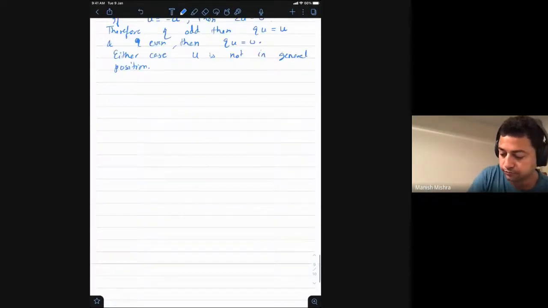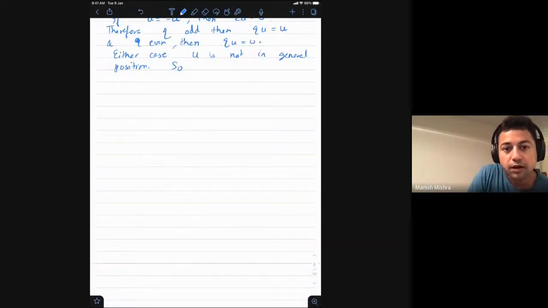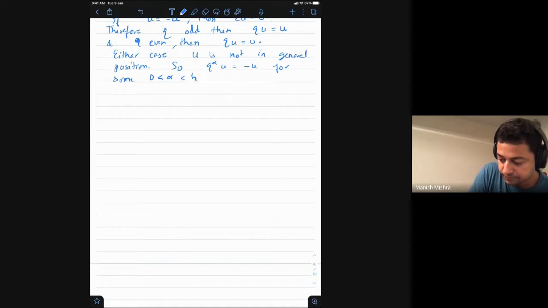So q to the power alpha u is equal to negative u for some alpha which is greater than 0 and less than h.